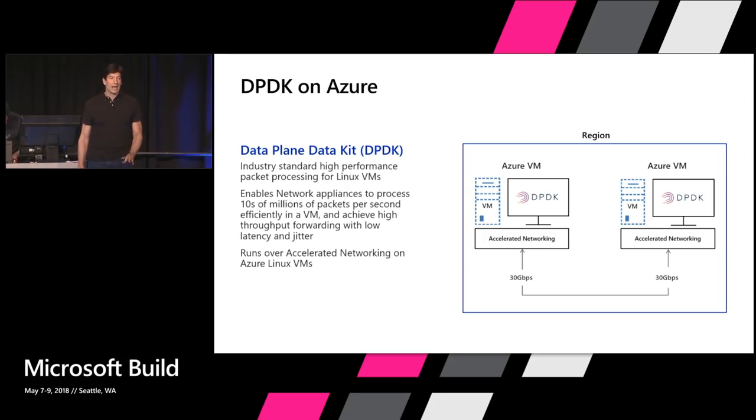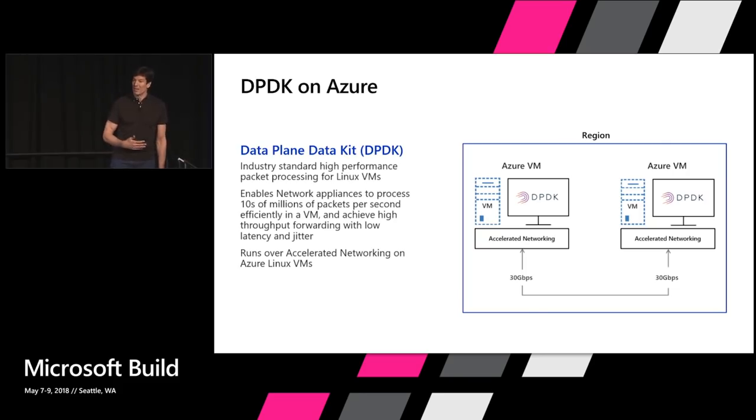DPDK is a software driver in the kernel of the Linux virtual machine that instead of using interrupts to process packets coming off the network, does polling. And everybody thinks polling is bad, but not when you're processing millions of packets per second. In that case, you want to poll and then just get huge batches to process and not be interrupted every time something new comes in.